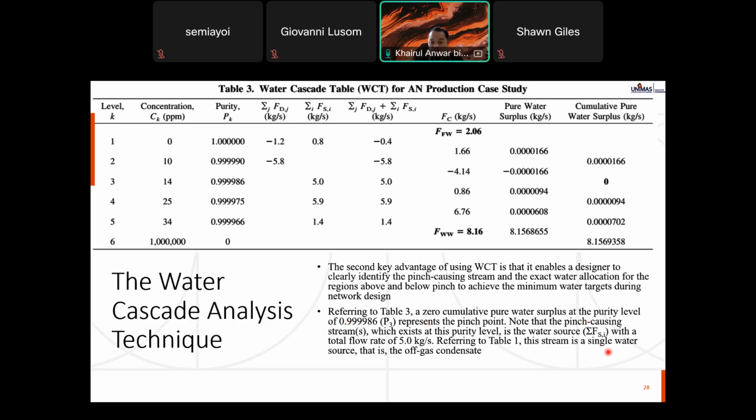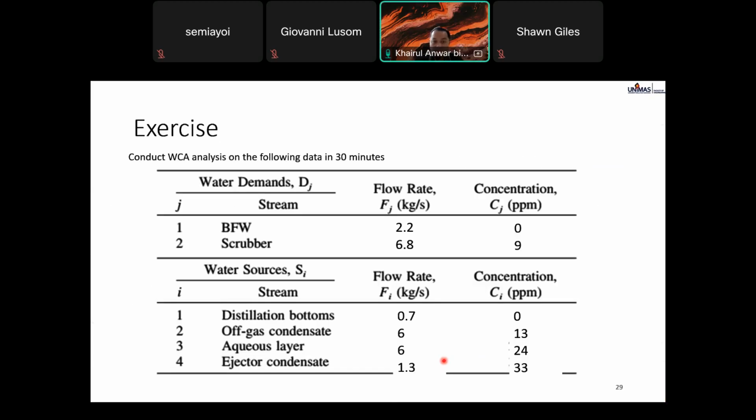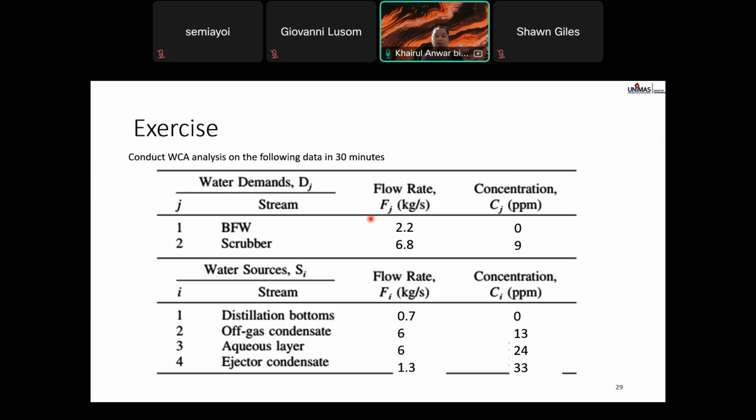Exercise. What do you say about the analysis of the time? I changed the flow rate.